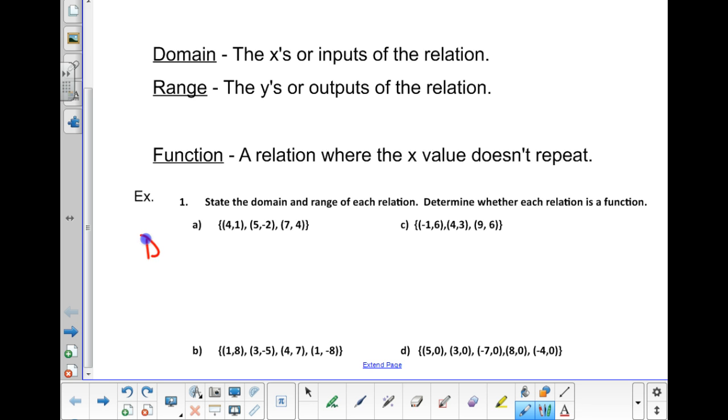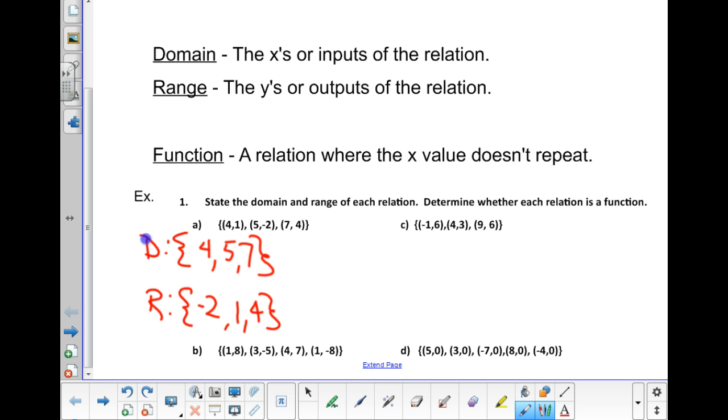In A, the domain would be, and we use a little brace here to represent this set, the x's. So in order from smallest to largest, 4, 5, and 7. My range would be all the y values. So the smallest is -2, followed by 1, followed by 4. So that's your domain and range for that problem.